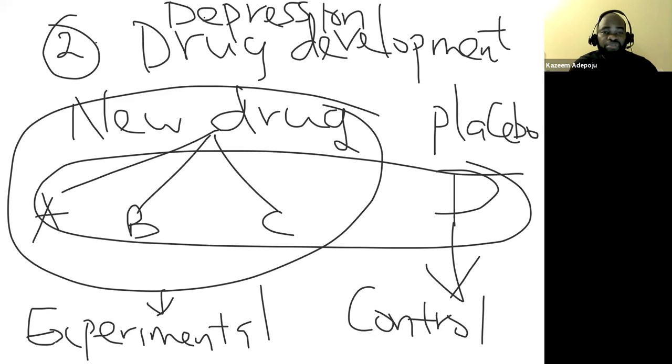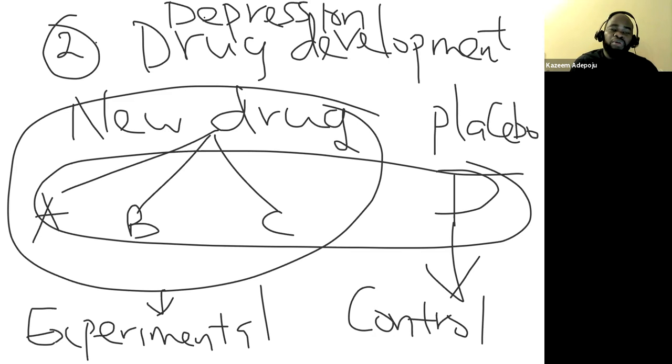But there is something that is missing. When you are looking at the effects of the new drug on depression, depression level is going to be the response, which is a continuous random variable. And we've got a single factor that has 4 levels.